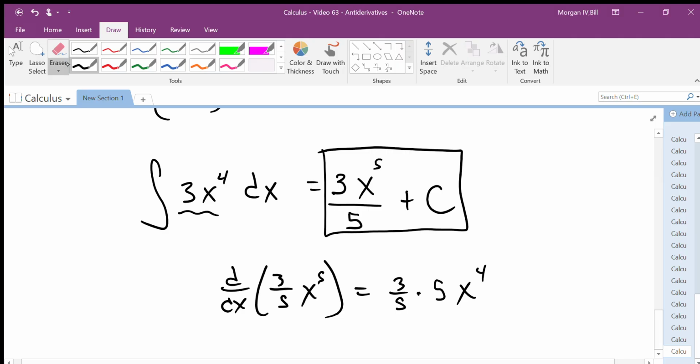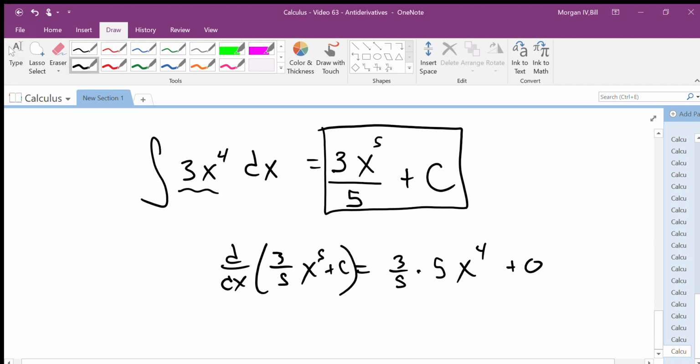I forgot the plus c. Plus c. But the derivative of the constant is just 0. Okay, 3/5 times 5, that is 3x to the 4th. That's exactly what I had right here. Therefore, this must be the antiderivative.